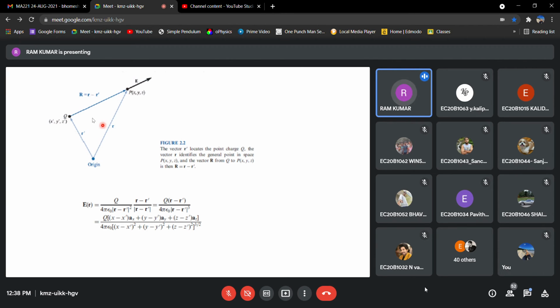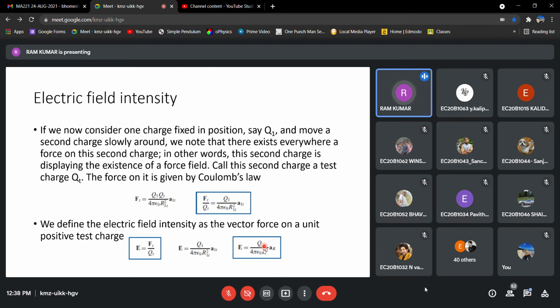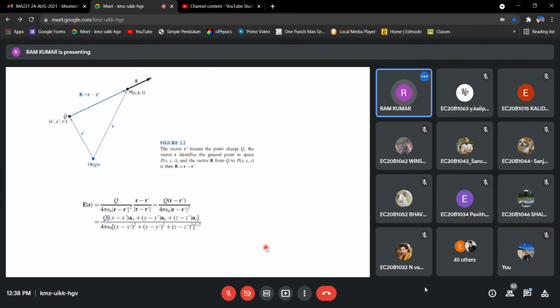For the coordinate system I am making this the origin. Now what is the electric field intensity? We know the formula: q by 4 pi epsilon naught r square into the unit vector. Assume the distance between the origin and the charge is r dash. The distance from the origin to the point where you measure the field is r. So you know the distance between these two is r minus r dash.